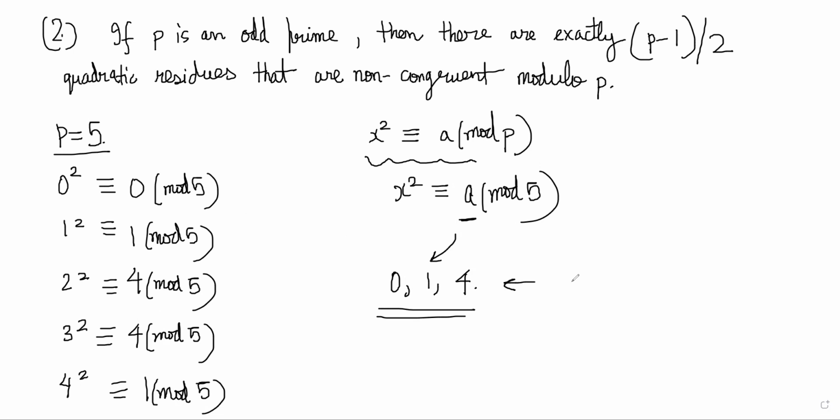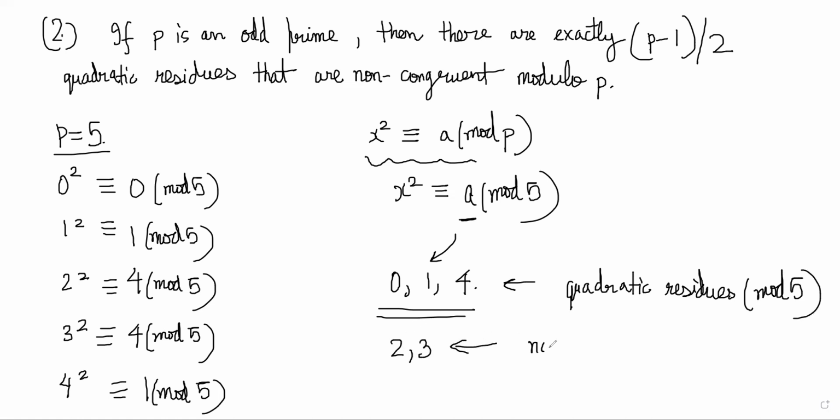So 0, 1, and 4 are quadratic residues mod 5. What is not possible? 2 or 3 are not possible. What do I mean by that? The equation x square is congruent to 2 mod 5 doesn't have a solution.